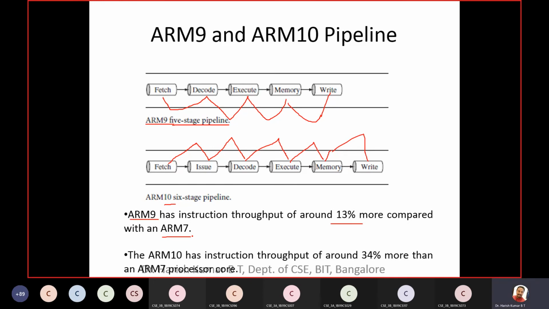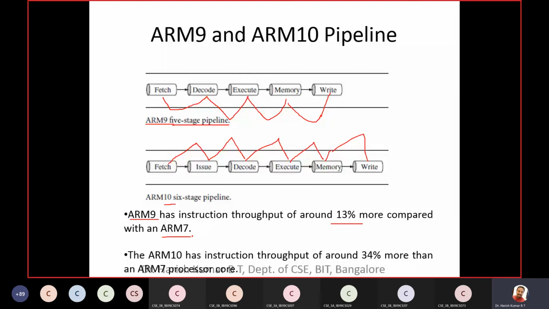You know, what is throughput? Don't know, sir. Throughput is the amount of work done per unit time, or the amount of work done per second.